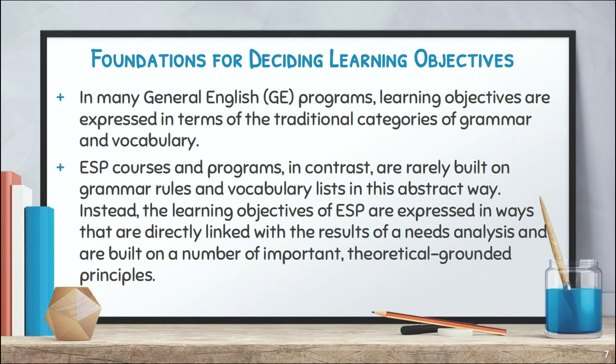So learners in a GE classroom are often encouraged to explain and practice the rules of grammar and learn those long list of vocabulary items that appear in the reading and speaking passages of their textbooks.